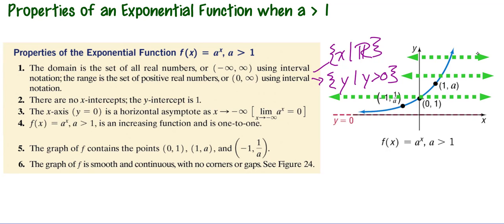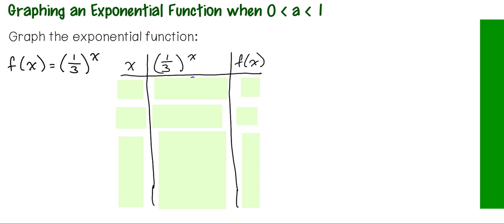So we know that function is 1 to 1. Okay, and obviously we can see the points. Now, another term to know is this is smooth and continuous. That means there's no corners, there's no breaks, there's no gaps. It's smooth and continuous. So let's look at an exponential function when a is in between 0 and 1.